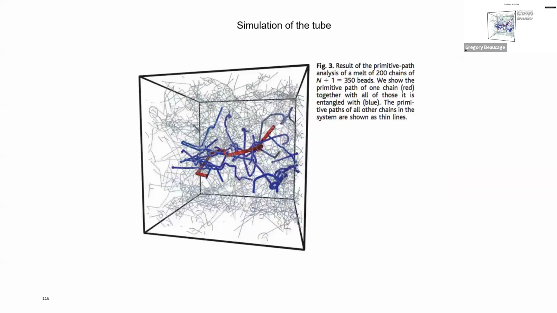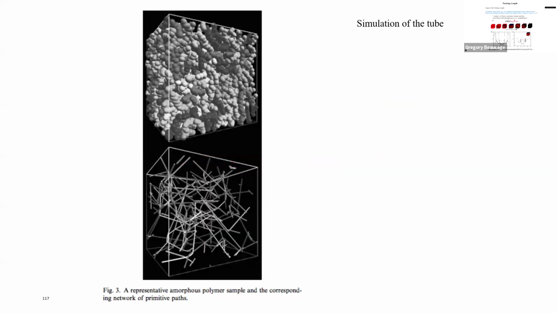But where's the modulus? Let's see. Oh, it's the whole thing. So we have the plot of log G prime and G double prime, versus log of gamma. They cross here, and 1 over gamma is the entanglement time.